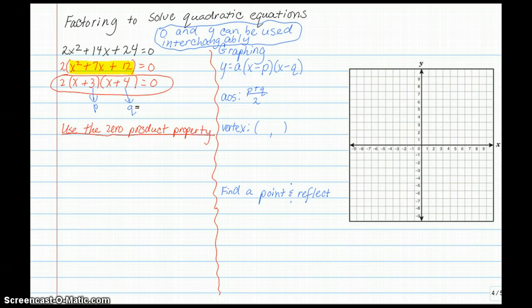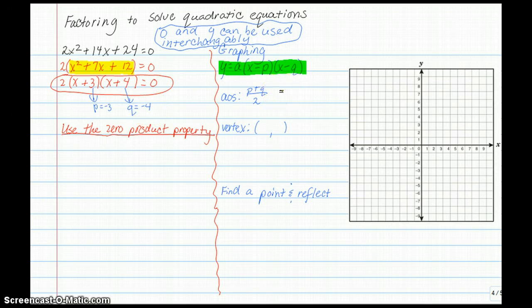You do have to be careful though, because the pattern is, and let's go ahead and highlight this. Here is the pattern. It's x minus p and x minus q. So we are going to note that this is going to be plus 3, so p would have to equal -3, and x minus q, so since you have x plus 4, it's q equals -4.